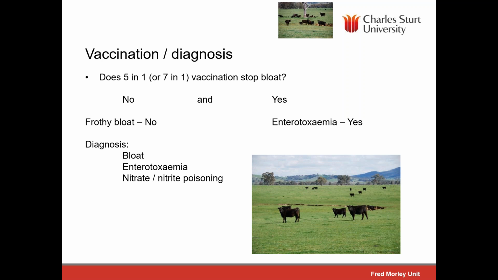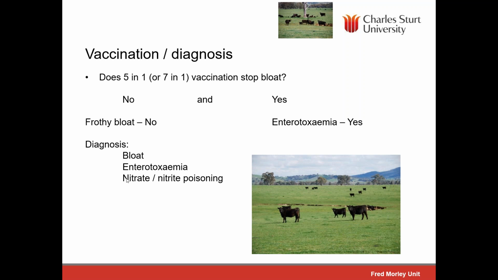Interestingly, enterotoxemia is probably the only clostridial disease that we vaccinate against where the vaccine does not last for 12 months. It only lasts for 3 to 4 months at best. So if you've weaned cattle, as people in our area typically do, in, say, February, probably given their second vaccination, given one at marking and another one at weaning, then June's 4 months away, July's 5 months away, those animals could well be susceptible to enterotoxemia.